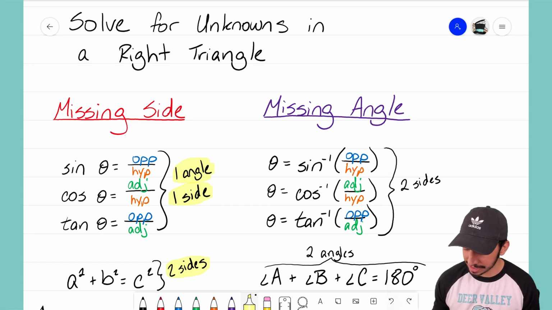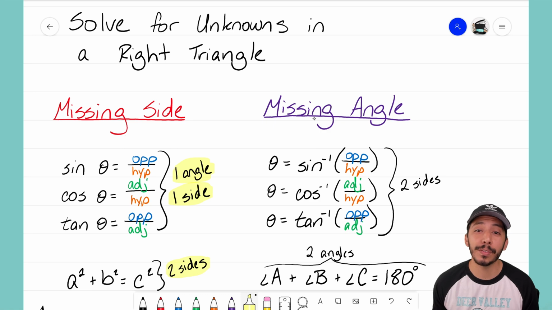Now, that same idea is going to be applied when we're solving for missing angles. For missing angles, we can use sine, cosine, and tangent again, but we'll have to use what we call the inverse of those functions: inverse sine, inverse cosine, and inverse tangent.